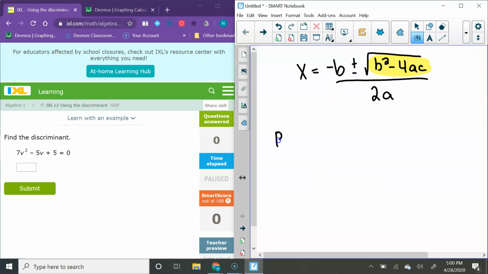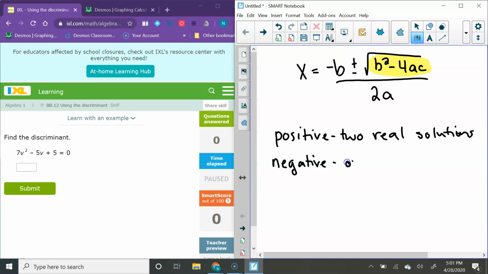If the discriminant is positive, you have two real solutions. If it is negative, you have one real, I'm sorry, no, that is false.